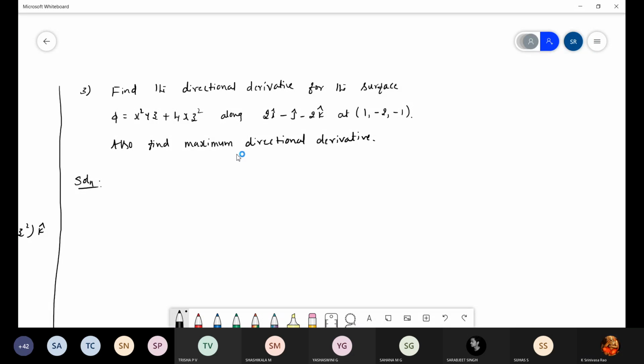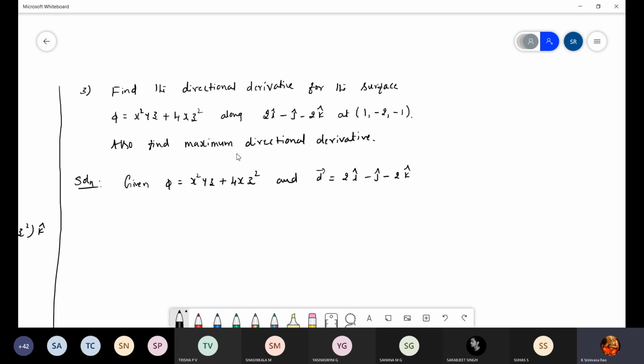Given phi equals x square yz plus 4xz square and d equals 2i minus j minus 2k. Yes. Do it.